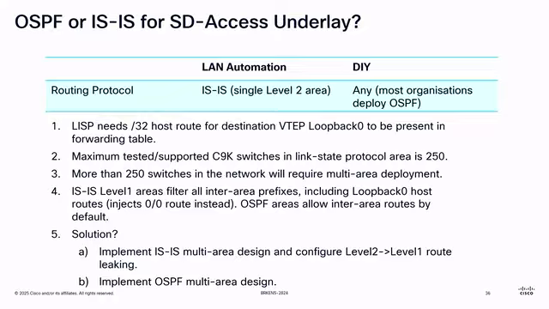But what it really means is, if you want to stay within the supported boundary, and you have more than 250 switches, you need to do a multi-area deployment, all right? And now, here's the trick. With IS-IS, if you start deploying multi-area IS-IS, the Level 1 areas act like OSPF totally stubby areas.